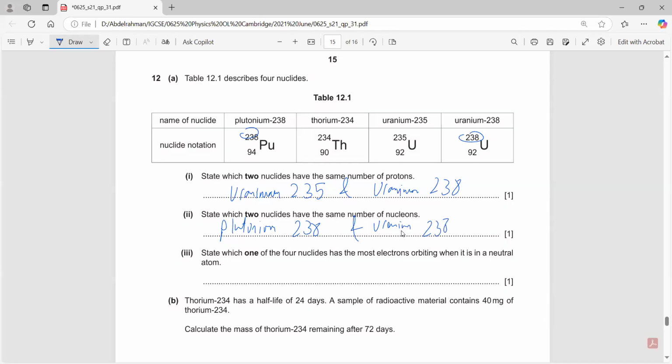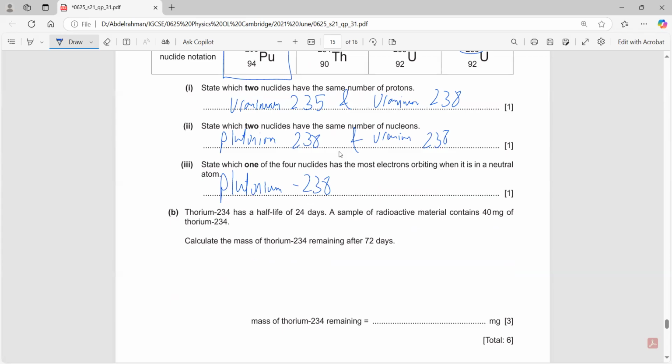State which one of these four nuclides has the most electrons orbiting when it's in a neutral atom. To find the most electrons, you need to look for the most number of protons, which is basically plutonium. So plutonium 238.